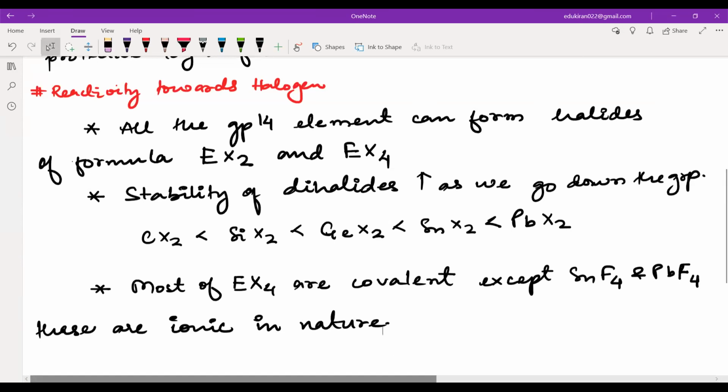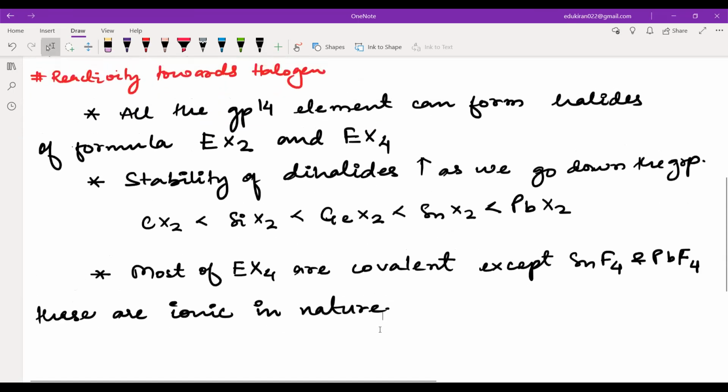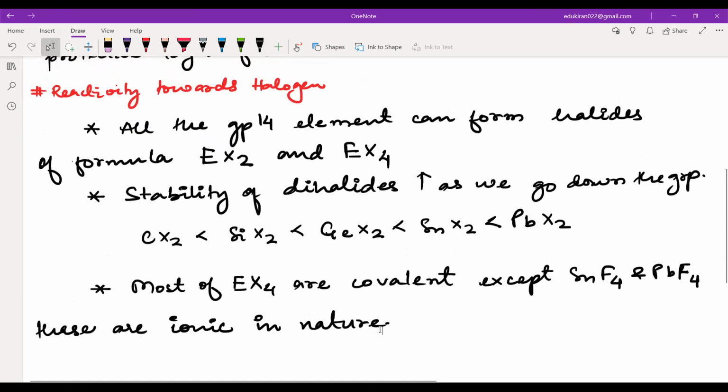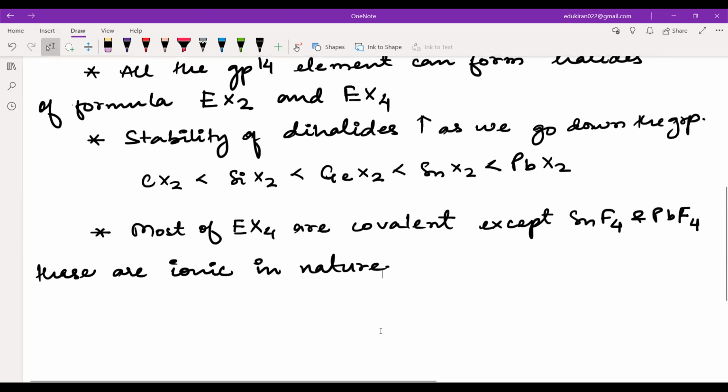Right, next, hydrolysis of group 14 halides. In hydrolysis, we will be adding water. Whenever you have to add water, the first criterion is that the halide should have vacant d orbitals.